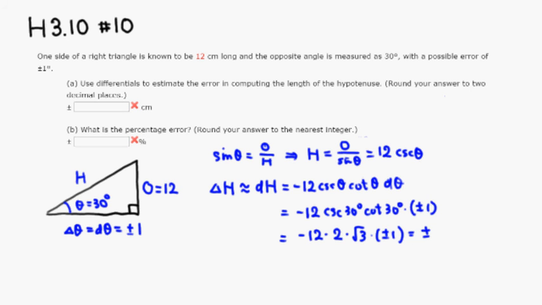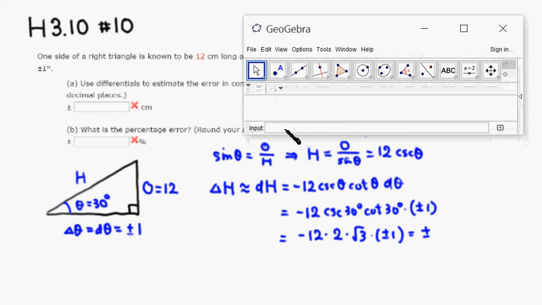I'm going to pull up GeoGebra. You have 12 times 2, so 24 times the square root of 3.